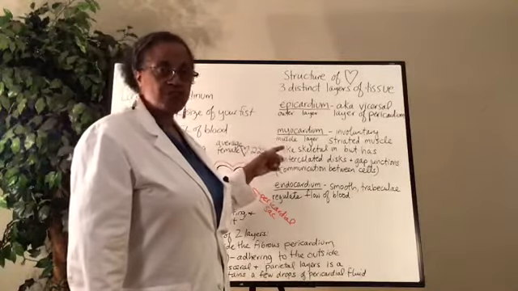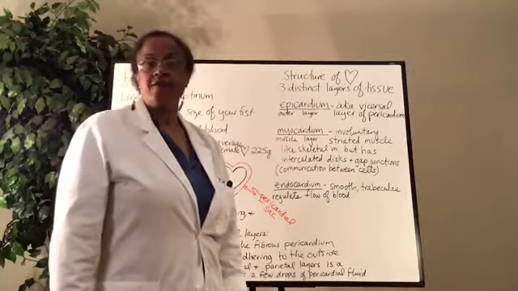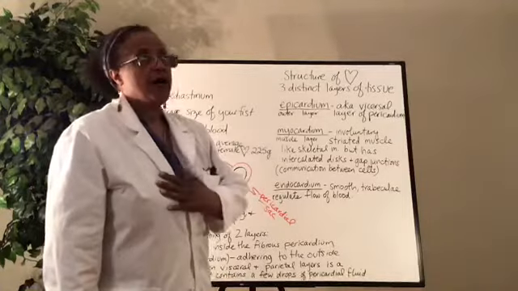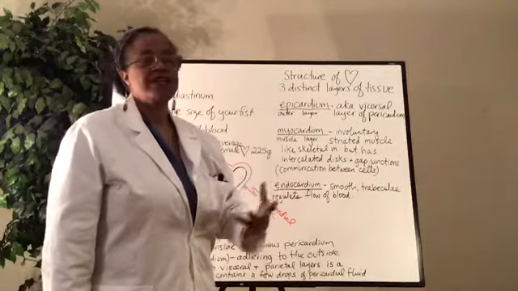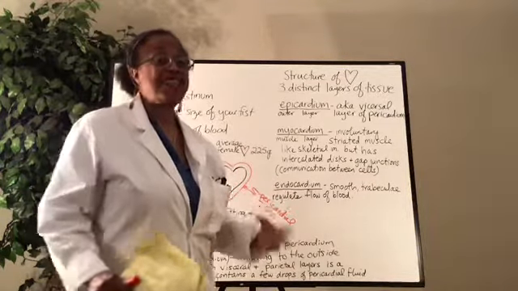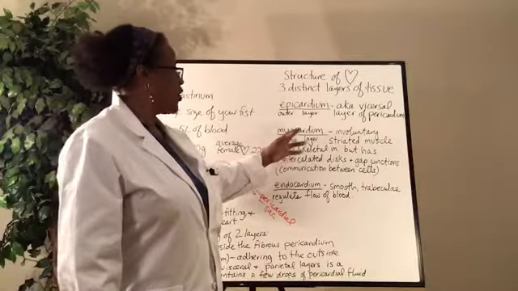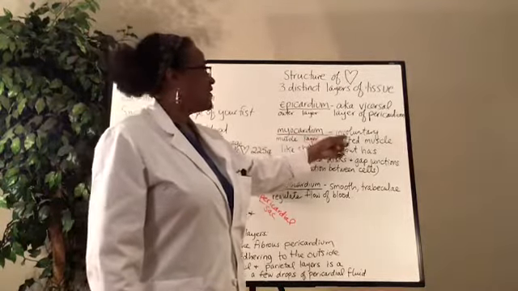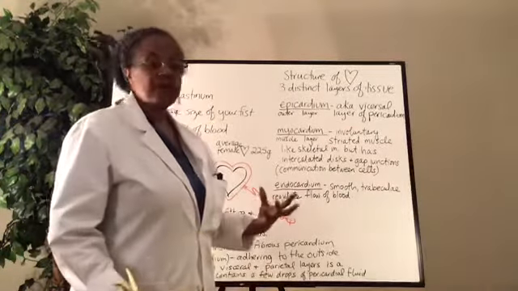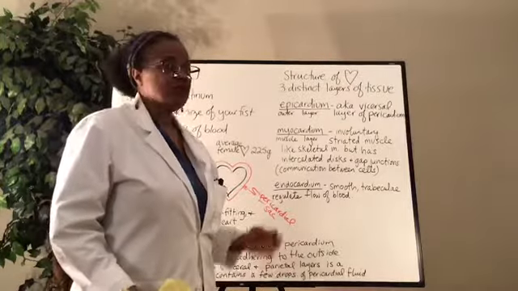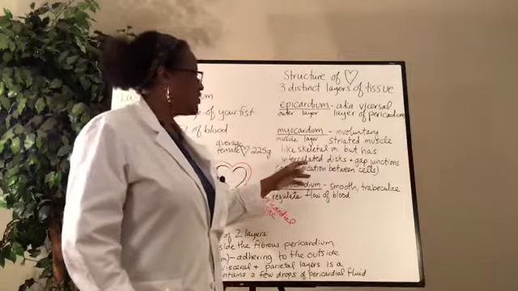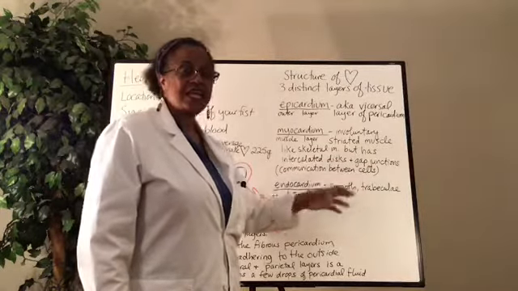Myocardium, myo means muscle, so this is the muscle layer of the heart. And we talked about myocardium before when we looked at, for example, myocardial infarctions, right? When a person has a heart attack, that muscle is damaged. So here's myocardium, myo is muscle layer. This is an involuntary striated muscle layer, a striated muscle, much like skeletal muscle, but not exactly, because cardiac muscle is a little different because it has intercalated discs and gap junctions.